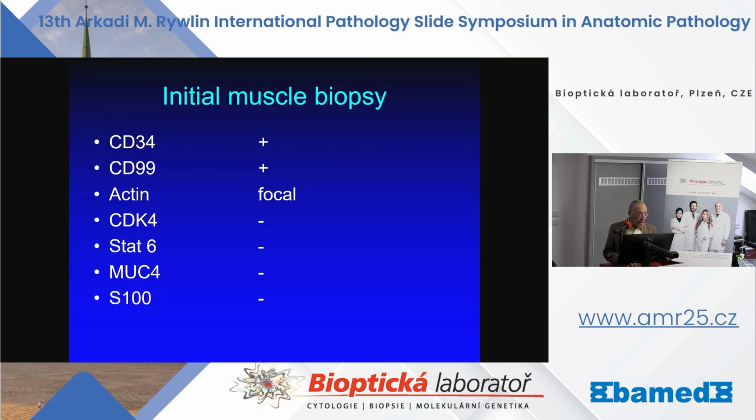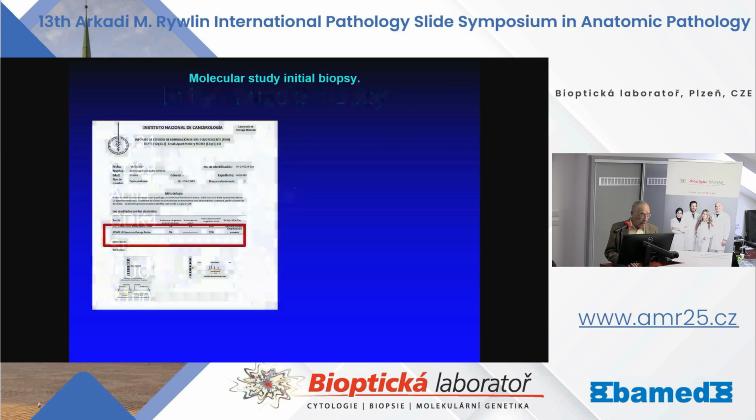It was CD34 positive, CD99 weak, actin focal, and everything else was negative. At the institute, some of the colleagues did even a molecular study, which was negative and non-contributory.